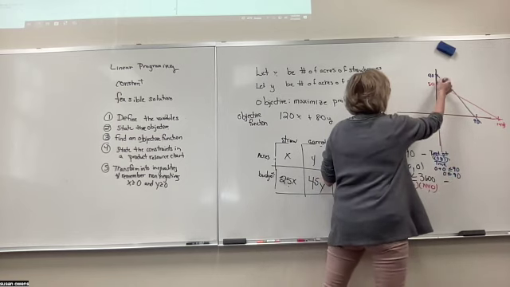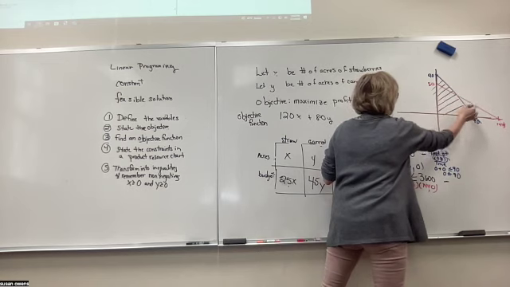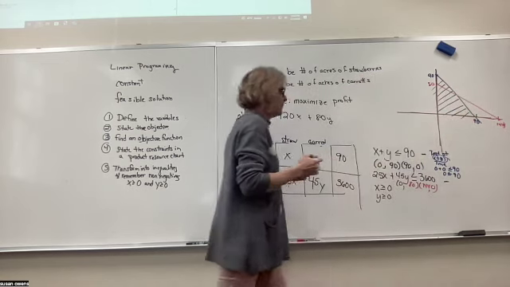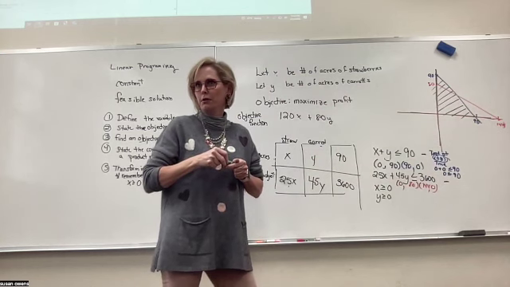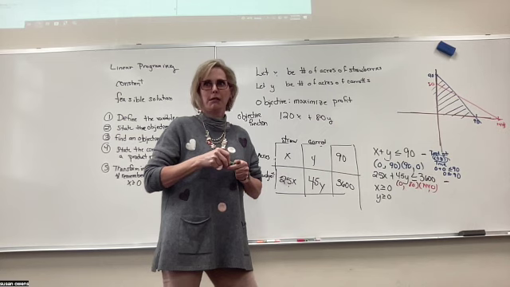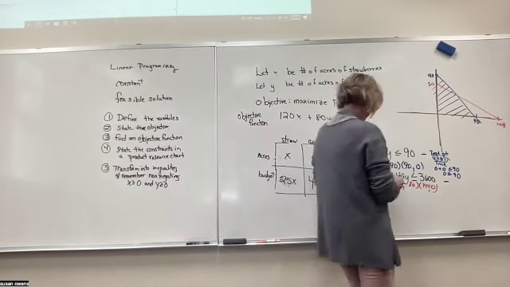So I shaded the blue side towards the blue line towards the test point of 0, 0. Good so far? Do I need to slow down a minute? We're good? Okay, good.